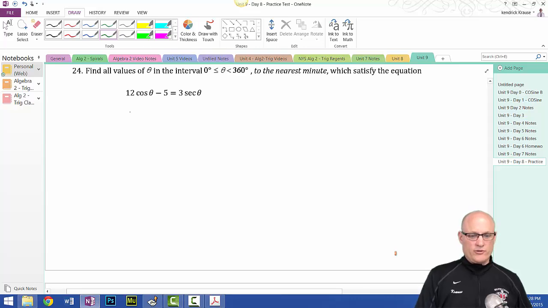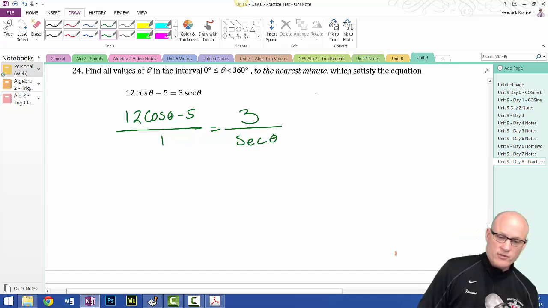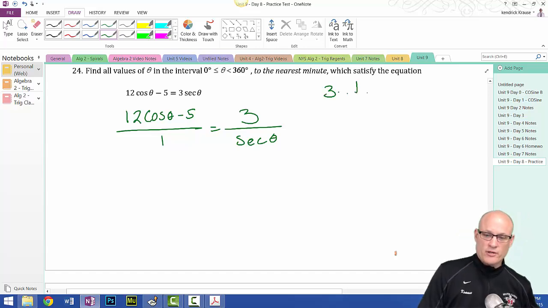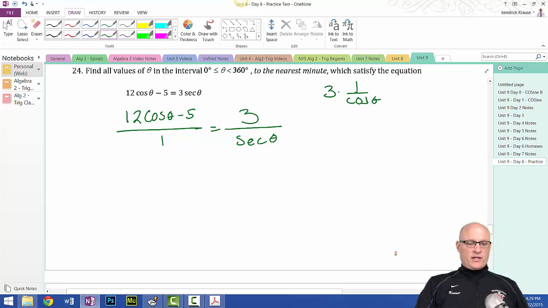So what we're going to do is make this 12 cosine theta minus 5 over 1 equals 3 over secant theta. Remember, it's really 3 times 1 over cosine, so it's 3 over cosine.